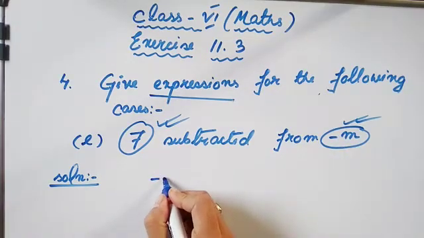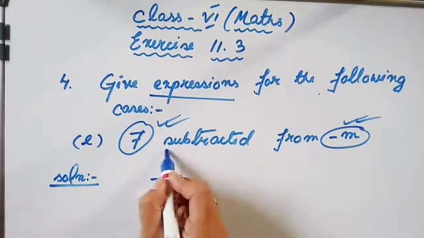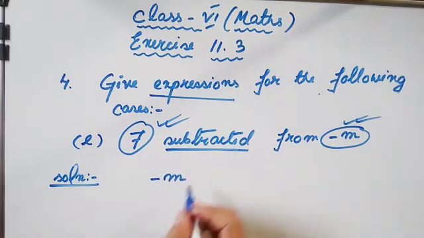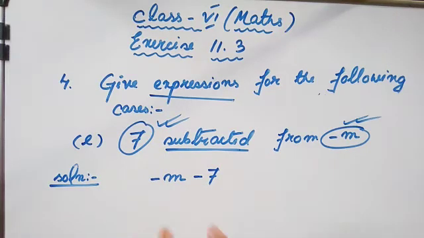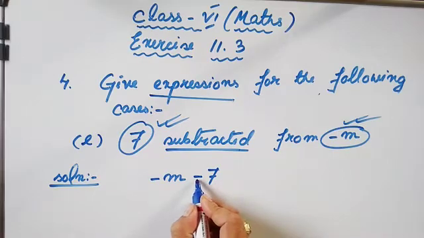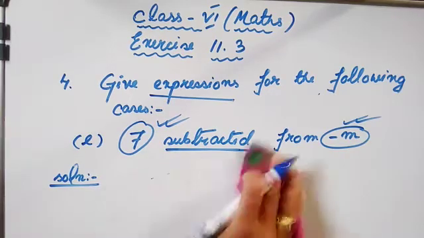So minus m will be written first, right? And from this minus m, 7 is subtracted, right? So our required expression is minus m minus 7. Understood? That means 7 is subtracted from minus m. Okay. Let's try our next question.